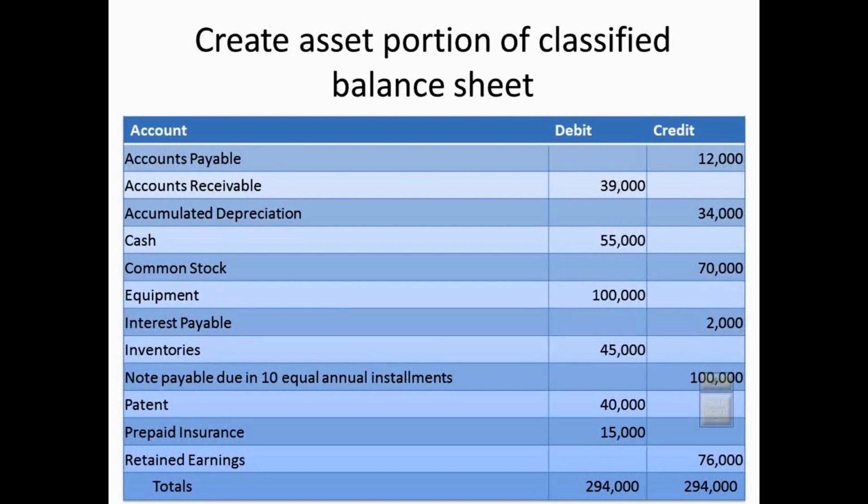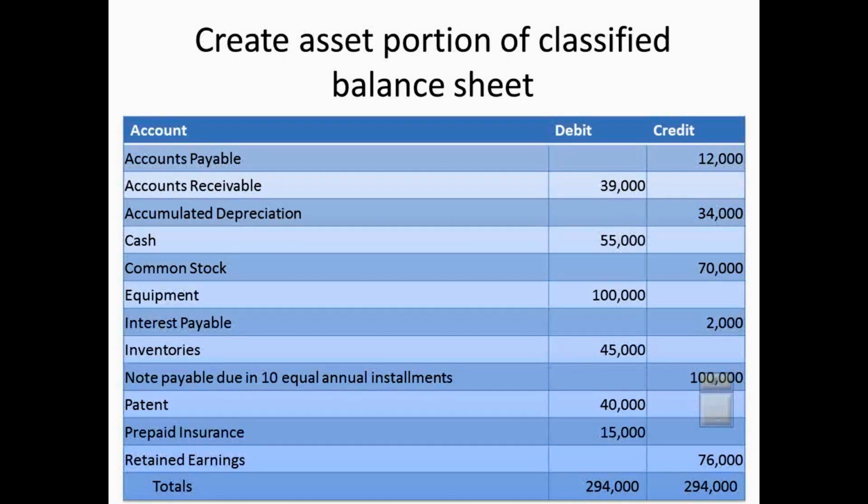So, here's a bunch of stuff for a company. Here are a bunch of assets and liabilities, you don't know which. You just see a list of accounts in alphabetical order, and we want to create a balance sheet. Since we've only talked about the asset side of things, we're only going to create the asset portion of the balance sheet.